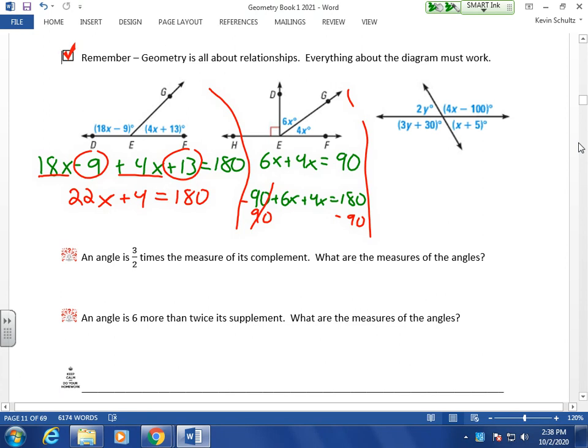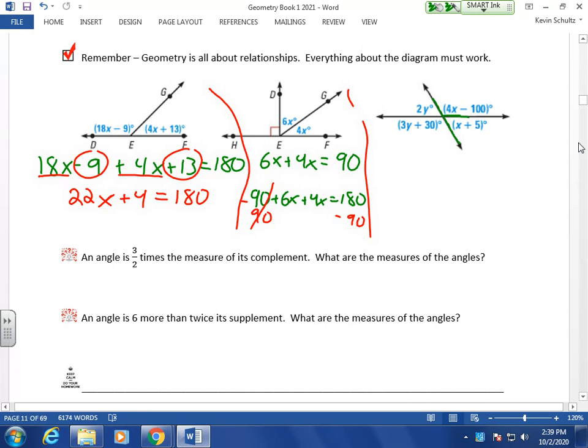They're adjacent angles. They do share that side, right? We got 4x minus 100 and x plus 5. So they do share that angle side. And what do those two angles make? 180, because they make a line, right? The line that they make comes right down through here.